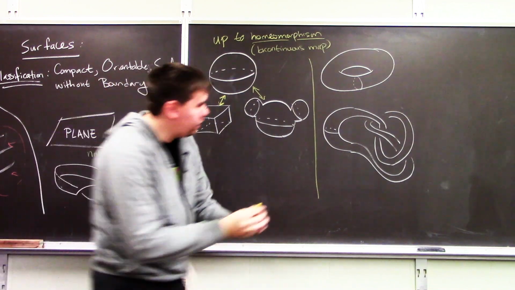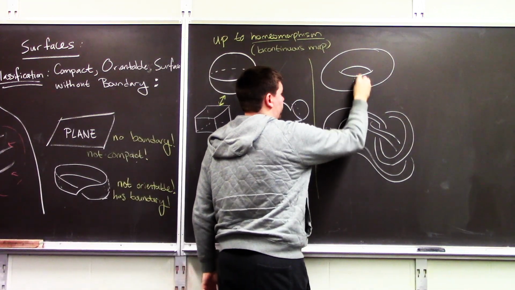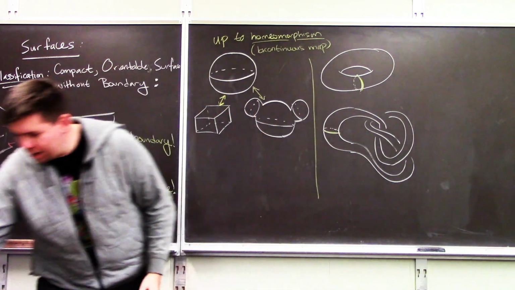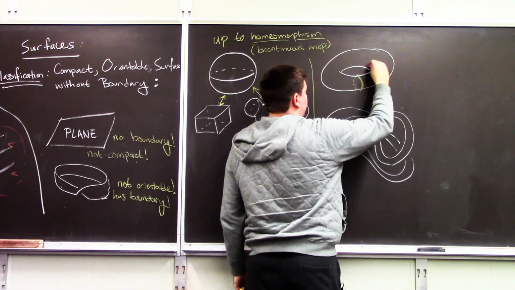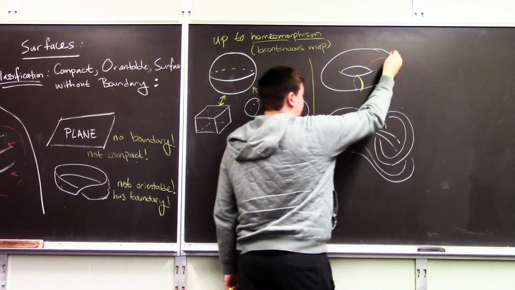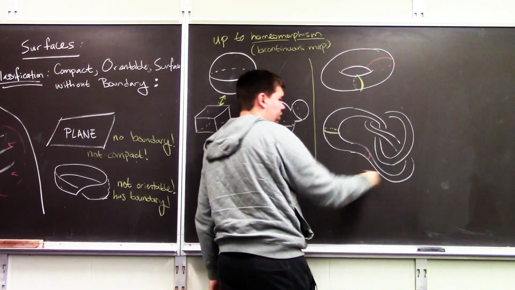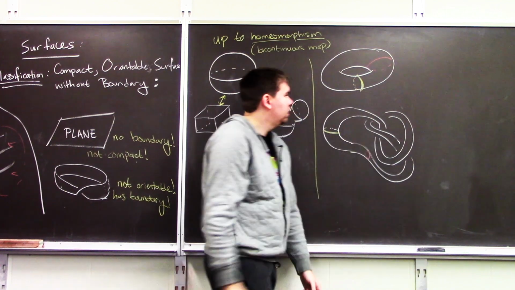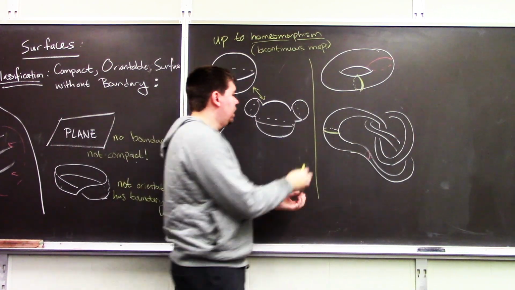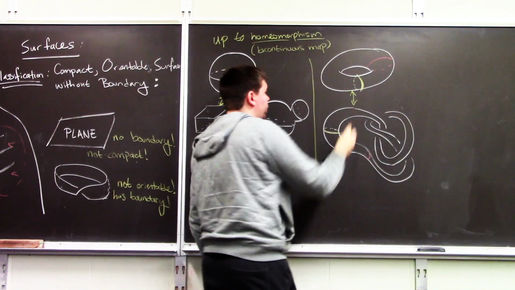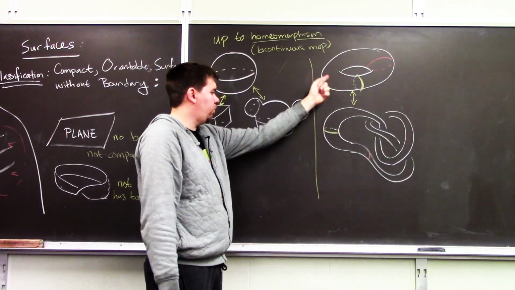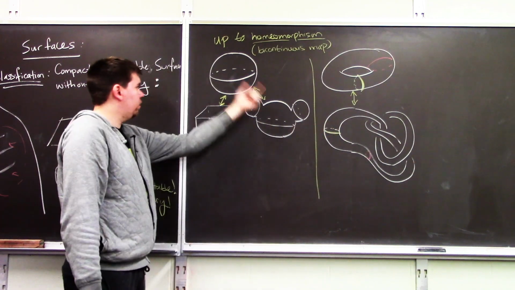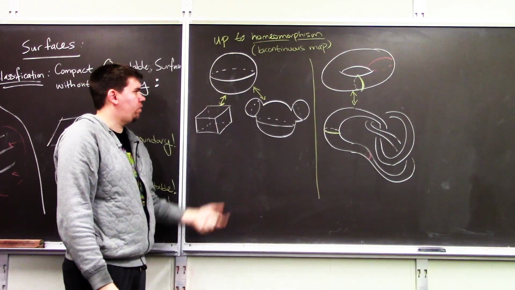You could map this part onto here, and then as you go around, you map this part of the torus onto here, and you keep going around the torus, tracing this out. And so there's a nice bicontinuous mapping. So these we think of as being the same. So though the torus can look many different ways, up to homeomorphism these are all fundamentally the same thing. And they're all different from anything homeomorphic to the sphere.